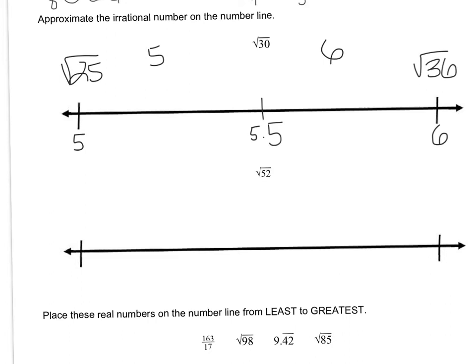I mean, it's almost smack dab in the middle, but it's not 5.5 and 5.5. It's 5 and 6. So it is closer to the square root of 25, which is 5, than it would be to the other. I would put it right about there. So the square root of 30 is going to be less than 5.5, but greater than 5.